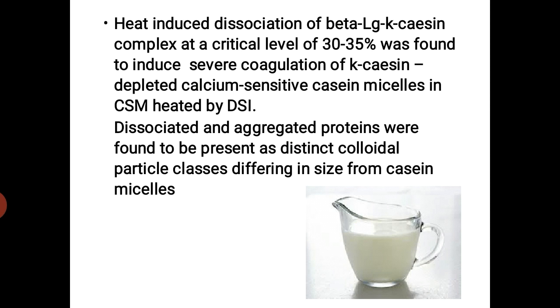Heat-induced dissociation of beta-lactoglobulin-kappa-casein complex at a critical level of 30 to 35% was found to induce severe coagulation of kappa-casein depleted, calcium-sensitive casein micelles in CSM heated by DSI, that is direct steam injection. Dissociated and aggregated proteins were found to be present as distinct colloidal particle classes differing in size from casein micelles.